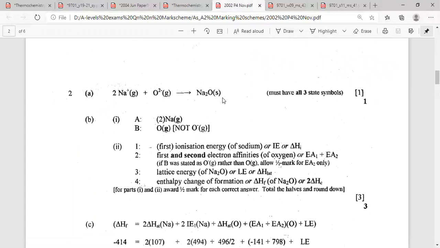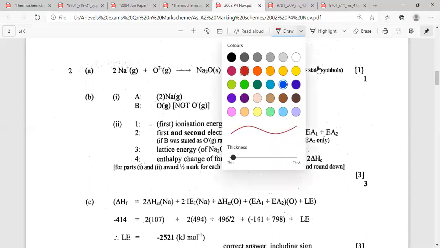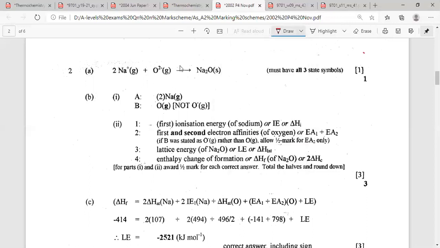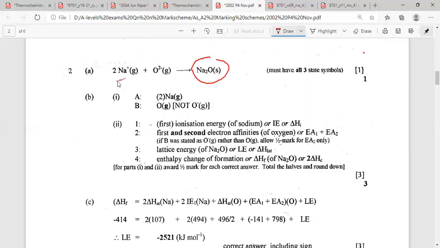Now remember, what is this? This will be your equation for lattice energy, isn't it? One more mark is for the form, from gaseous ions. All must have all three state symbols. Normally they get 2 marks, but here balancing, symbols and charges are all 1 mark.